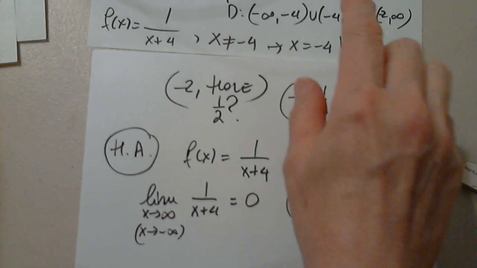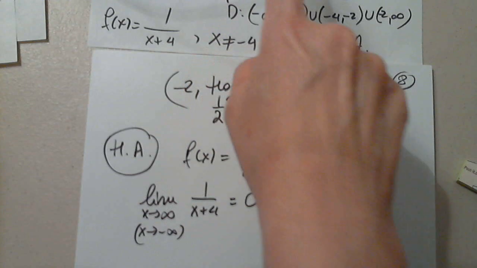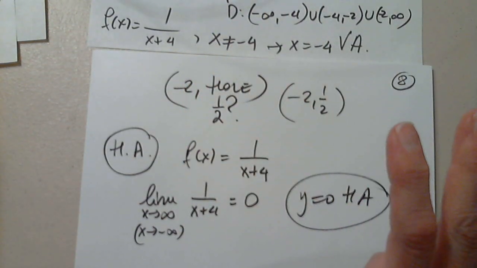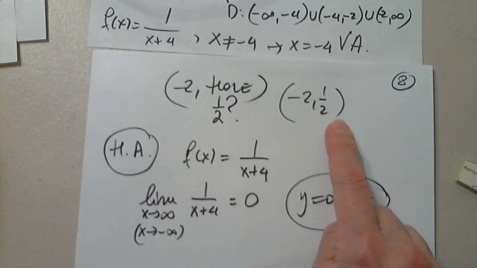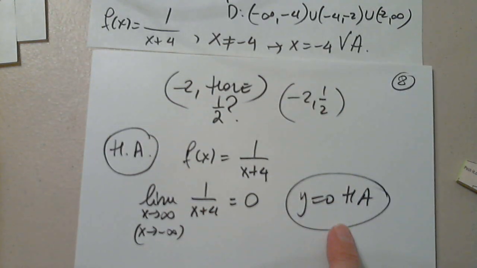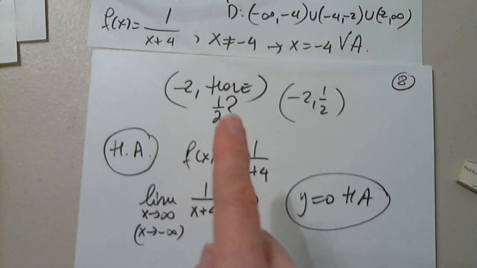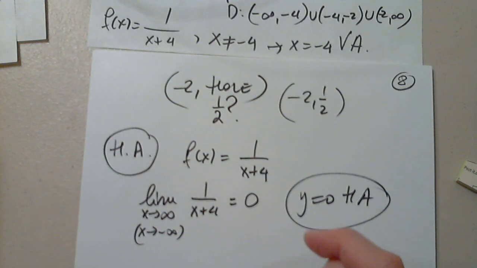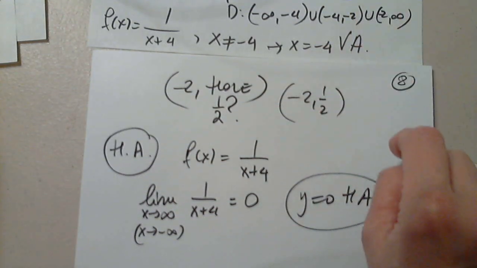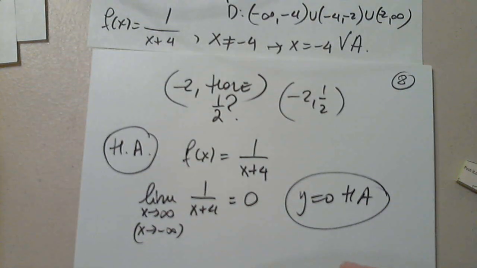So for this function, we found 3 different things. One that we were not asked for, but we found it. A hole. We have found a vertical asymptote. And we found a horizontal asymptote. It's intentional. That's why they put it in there. Factorable and simplifiable. Because they wanted us to fall into the trap and say, oh, x equals negative 2 and x equals negative 4 are vertical asymptotes.